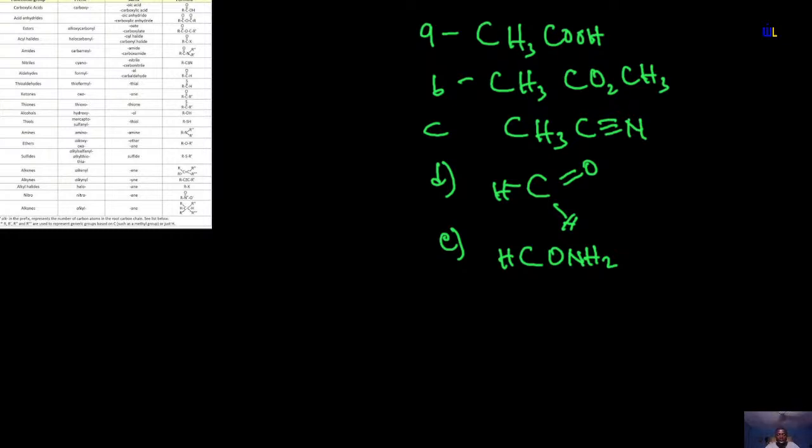Now, before I even get to that, I just want to run down the order again. The order of priority, first of all, is your alkanoic acid. So once you see the carboxylic group, that has to be what you consider the compound as.